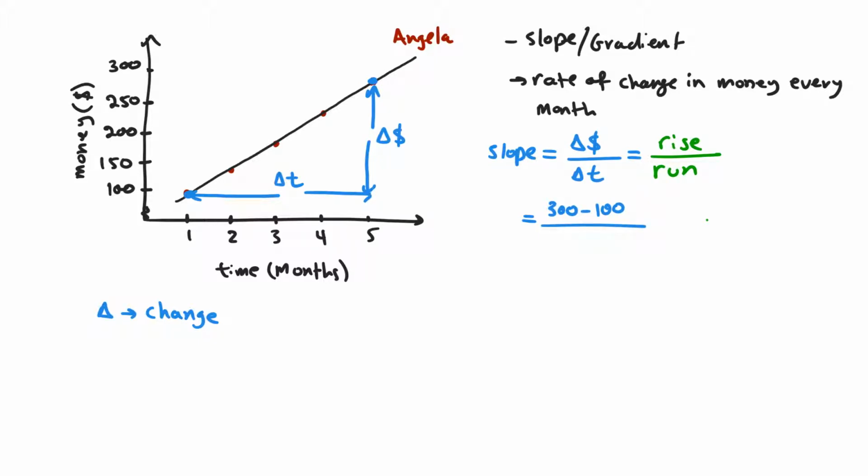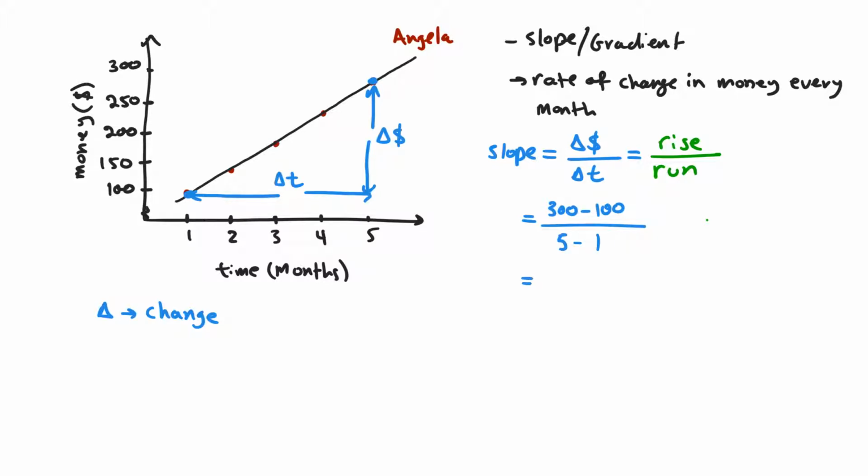And the change in time, in this case, I'm starting from month 1 and going all the way to month 5. So the change is 5 minus 1.